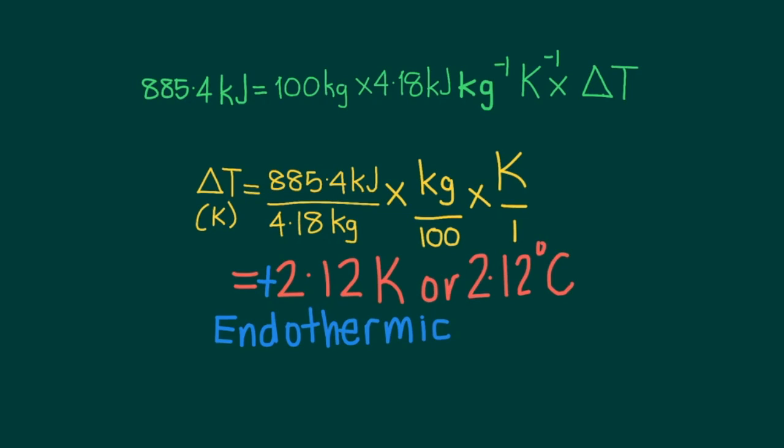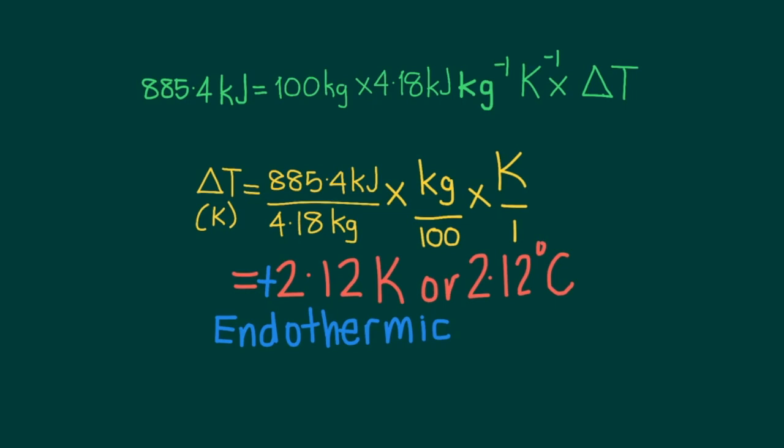So to solve for this temperature change, you need to manipulate this equation and make delta T the subject of the formula. Delta T is usually given in Kelvin, but the answer could be given in Celsius since it's the change in temperature. So a change of 2.12 Kelvin would be the same as 2.12 Celsius, because the conversion of Kelvin to Celsius is simply a matter of adding 273.